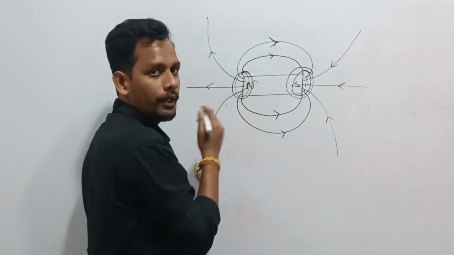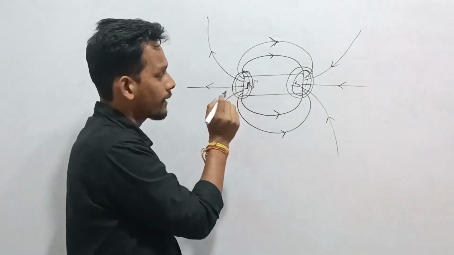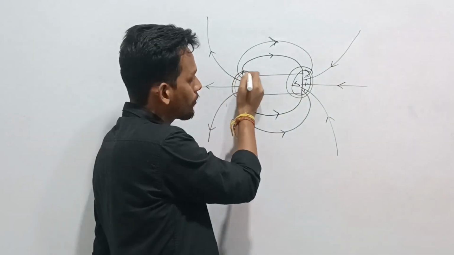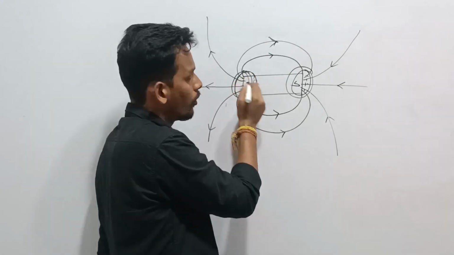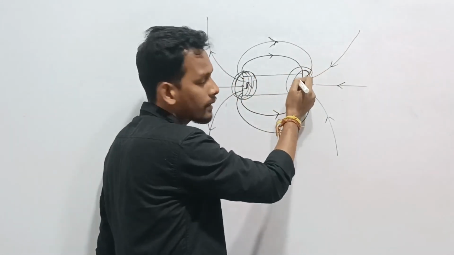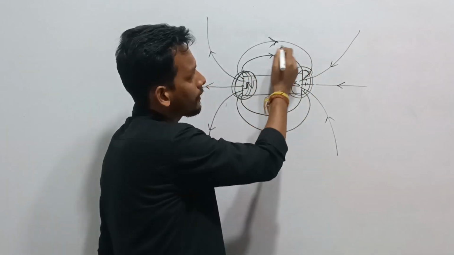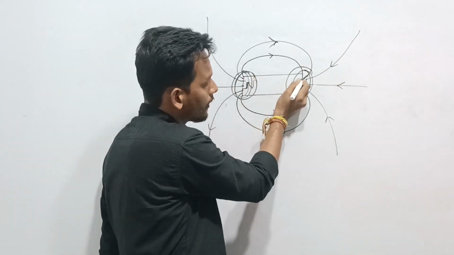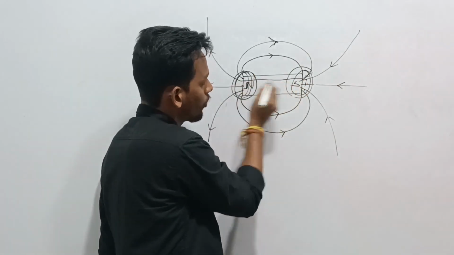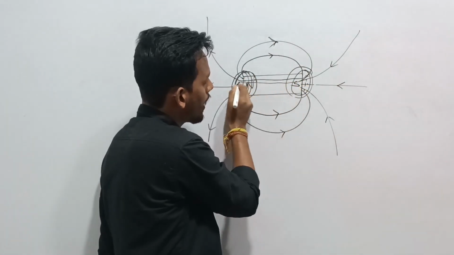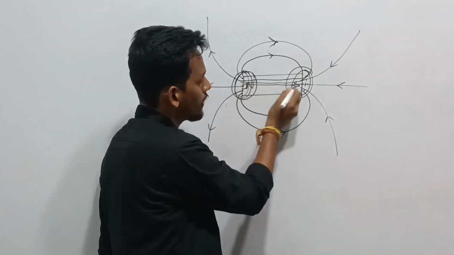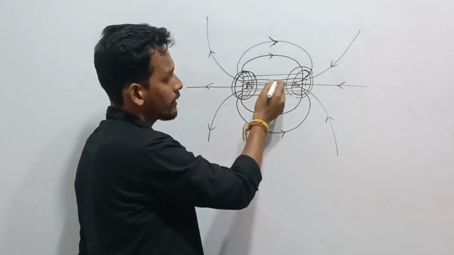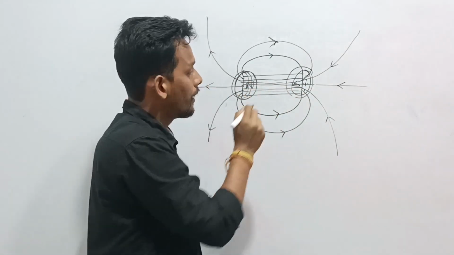From this activity, you can come to the conclusion that magnetic field lines always arise from the north pole and end at the south pole, and these lines are continuous. I have already told you, it means that the lines will again join to the north pole. Inside the bar magnet, the magnetic field lines are straight parallel lines.